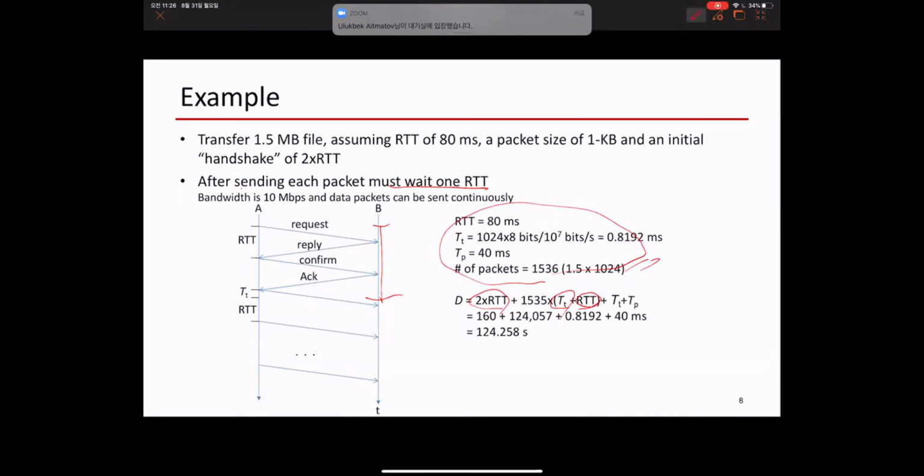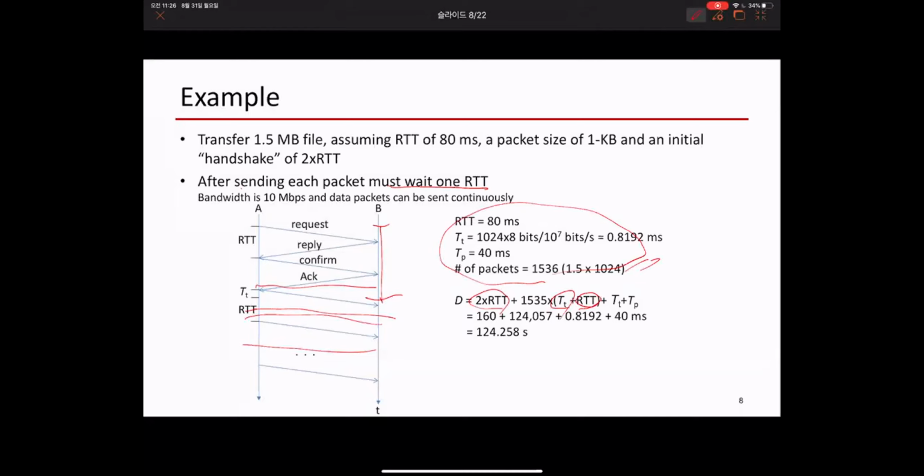I have to repeat this 1,535 times, and then I have a last packet, which I don't need to wait an RTT for because I have nothing to send again. So this is the total time it will take.